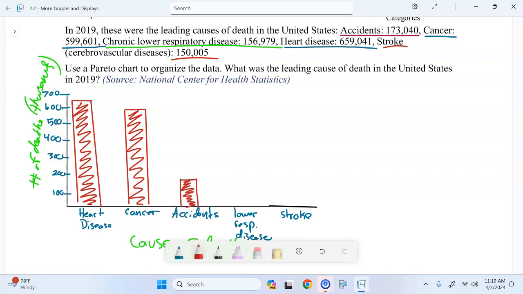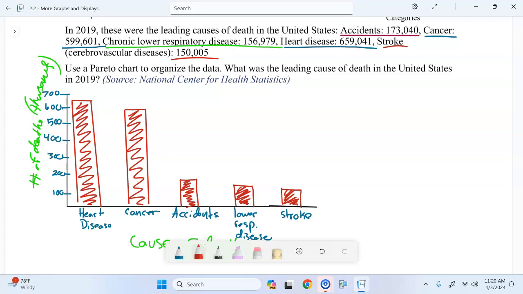Lower respiratory disease? Lower or higher than accidents? Just a little bit, not by much, right? Stroke? Pretty much right below that, right? Not much. Just right below lower respiratory disease. Okay?